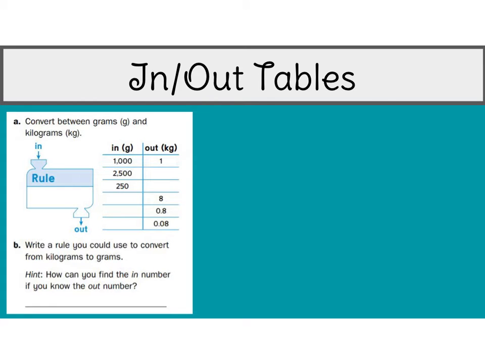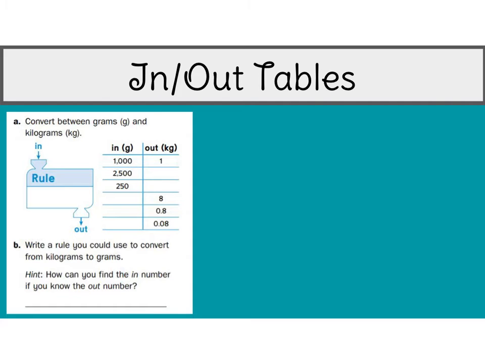So part of your work today is going to involve in and out tables or in and out boxes or rule tables, however you want to look at it. So I've got an example here we're going to take a look at. If we look at part A, it says convert between grams and kilograms. So those both are in the metric system.